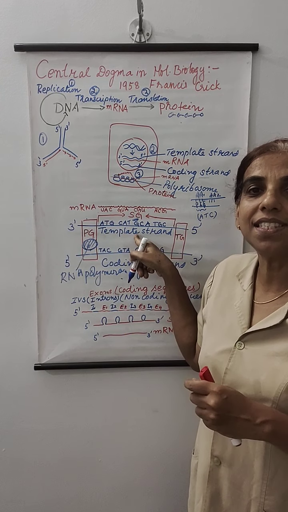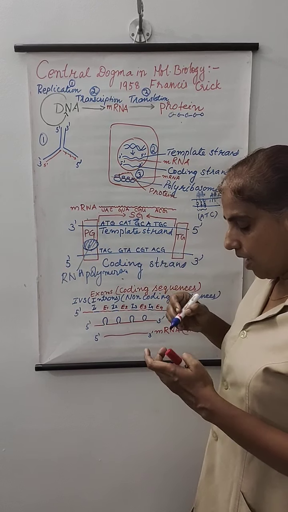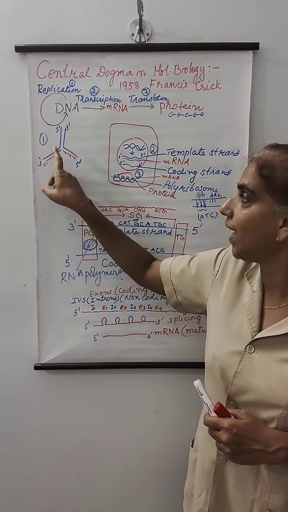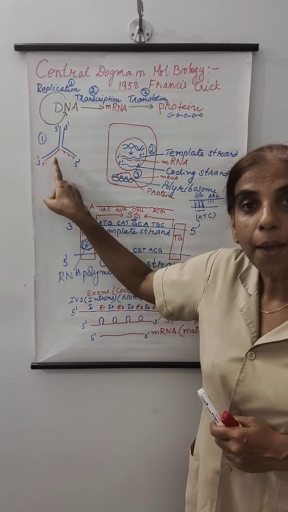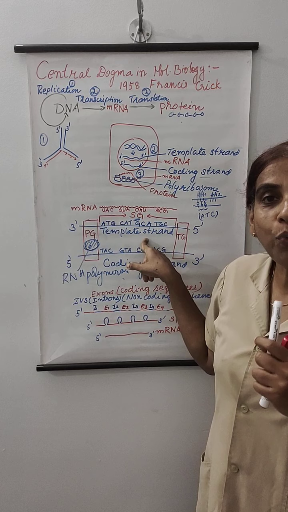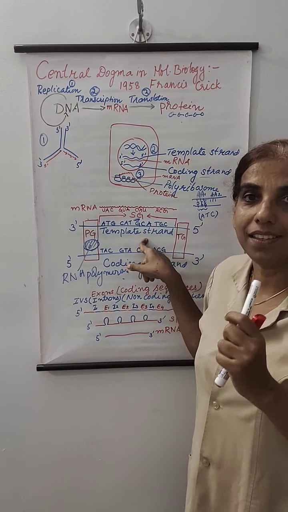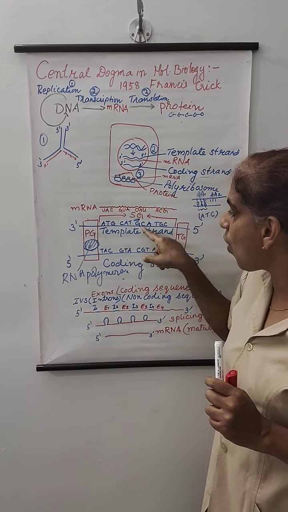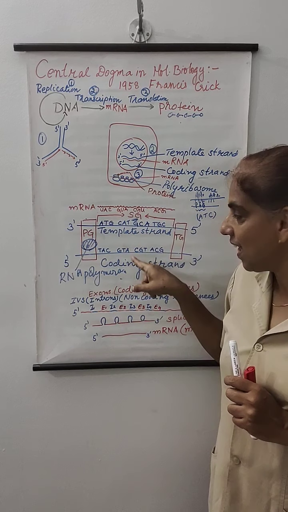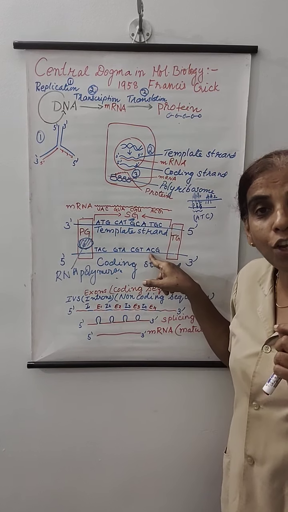Let us see what is the reason behind it. When we see replication, you have seen that both the parental strands act as the template and both will be making the daughter DNAs. But here you will see another thing, that only one strand will be making the messenger RNA. The other strand will not.